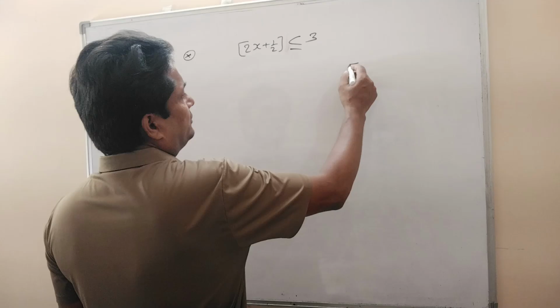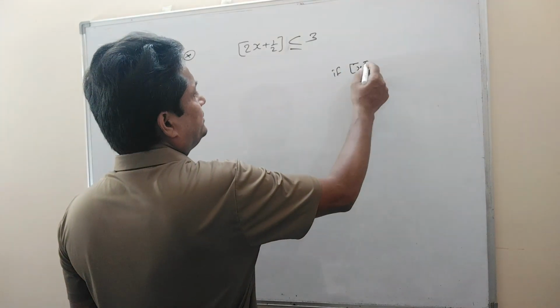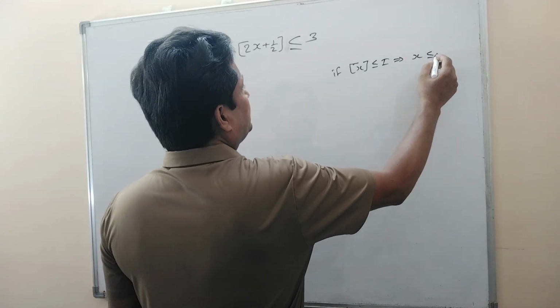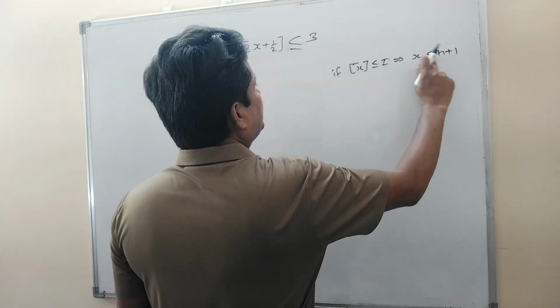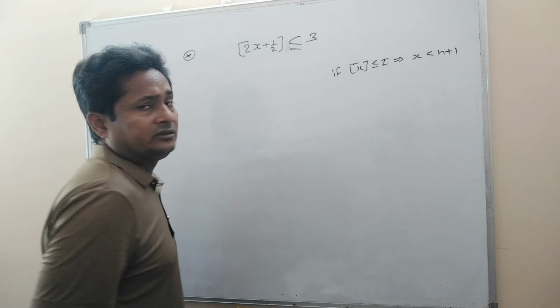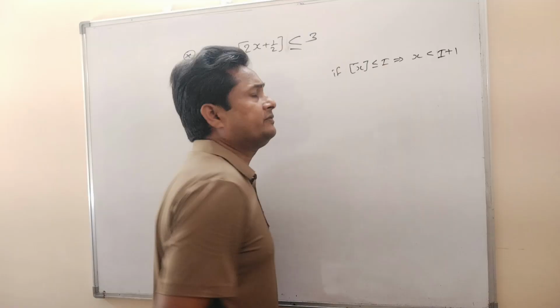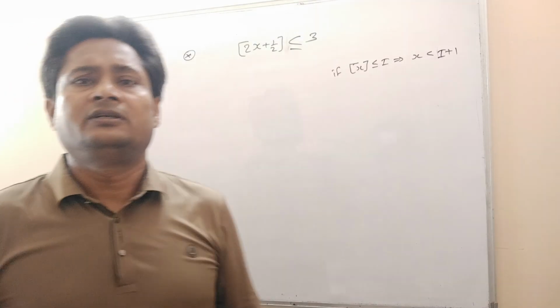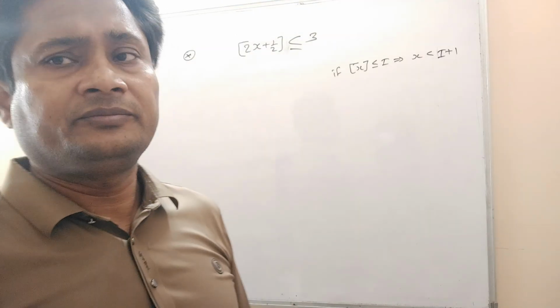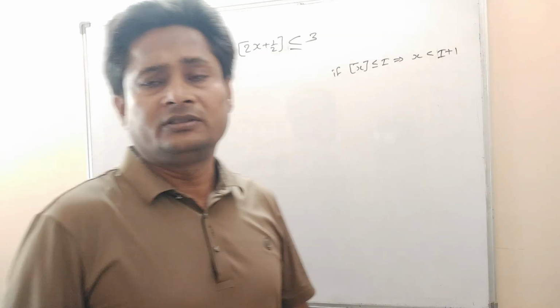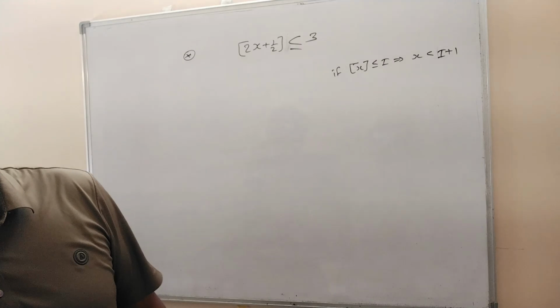The property of this one is: if greatest integer of x is less than or equal to I, then x will be less than I plus 1. This is our property. This is the basic property of this one.